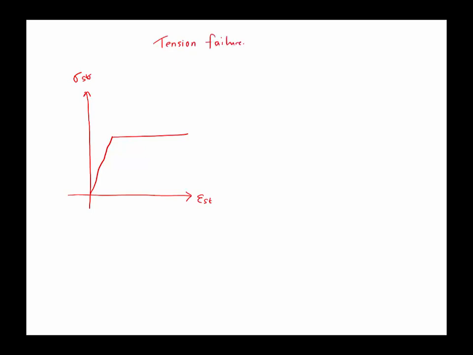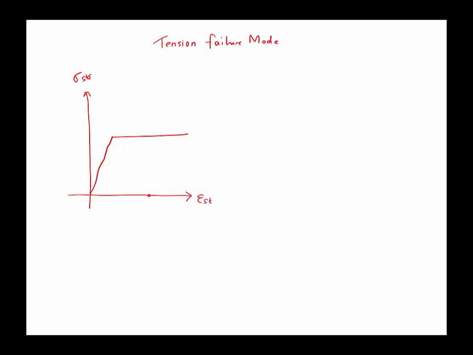Now if you look into the stress strain curve of steel, this is epsilon st, and this is the stress in steel, sigma st. We know that it is bilinear, and in the tension failure mode, the steel will yield first before the concrete crushes.